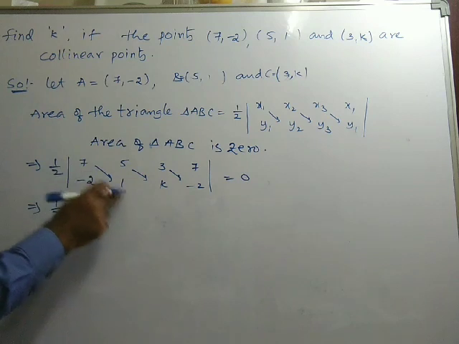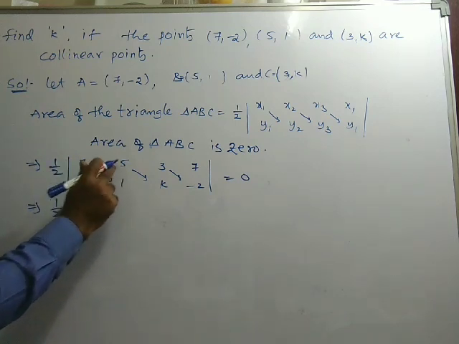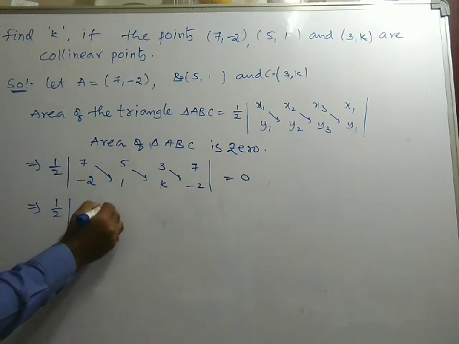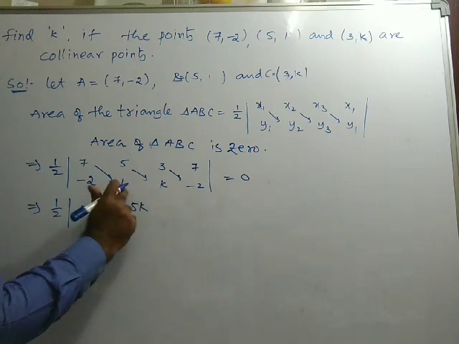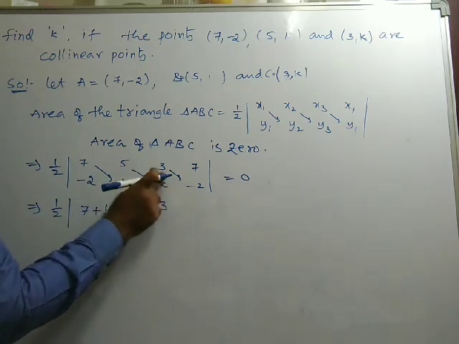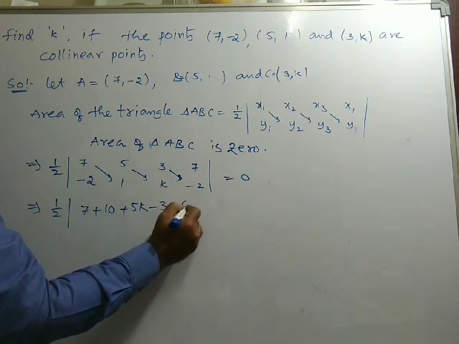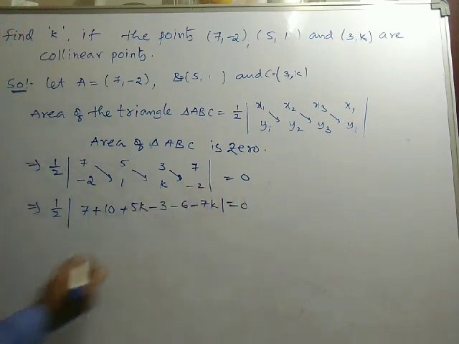So half modulus of 7 into 1 is 7, -2 into 5 is -10, but minus of minus will be +10, 5 into k is plus 5k, 1 into 3 is 3, but because of opposite direction -3, and 3 into -2 is -6, and this is -7k, which equals 0.